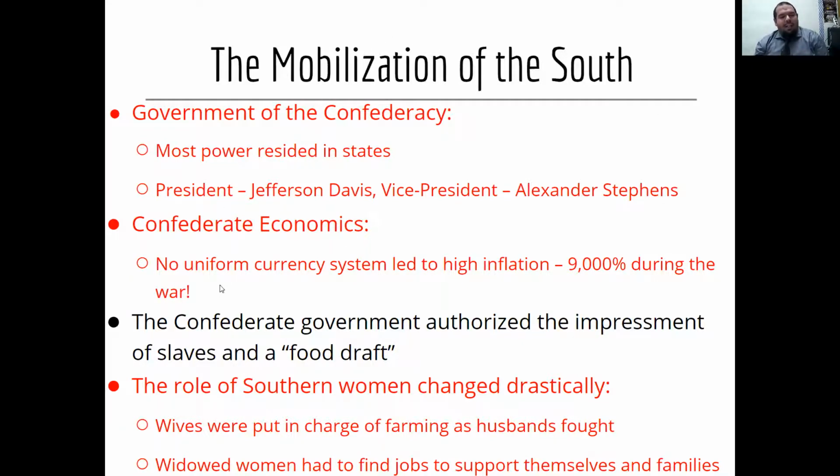Crazy high. The Confederate government authorized the impressment of slaves and a food draft. Again, because of these economic policies, there's not going to be enough food. And then they're just going to force slaves to fight for them.